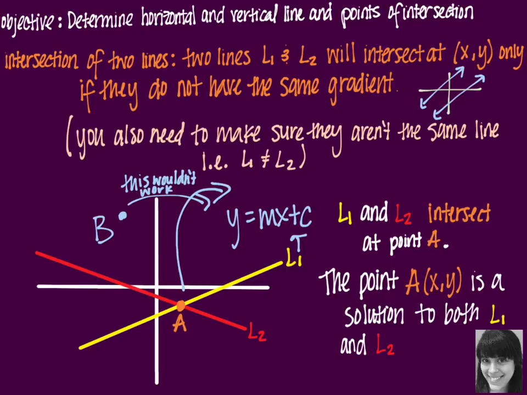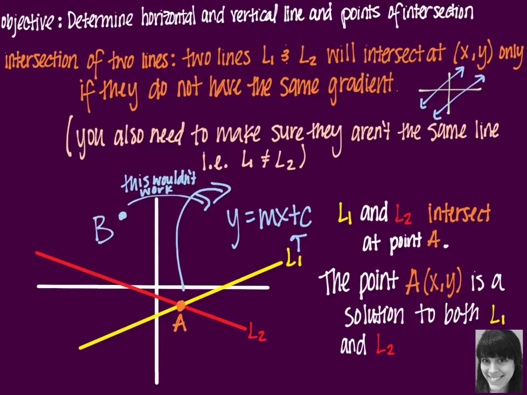So, again, I'll repeat myself. Any point on L1, if I plug it into its equation, it will work. It will be a true statement. But if I plug in a point that isn't on L1, then it's not a true statement, right?